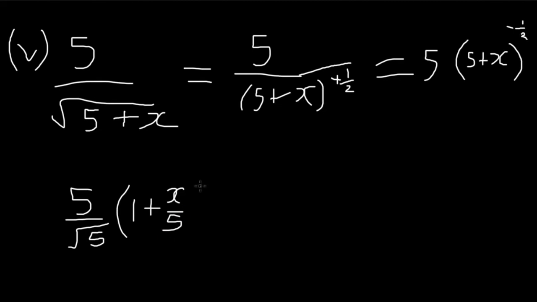So 1 plus x over 5, and then you close the brackets like that, to the power negative half, of course. And when you rationalize this, you discover that you just have root 5 outside.